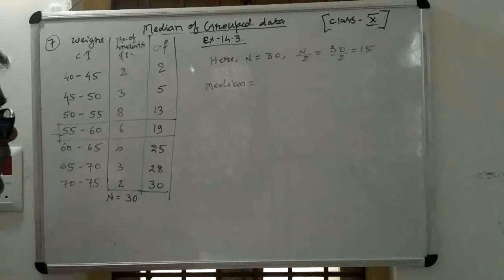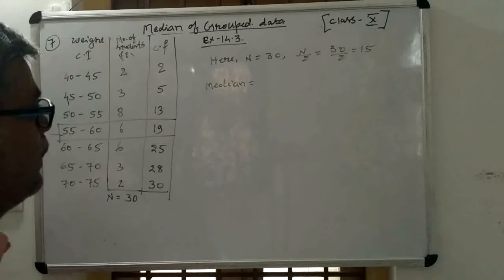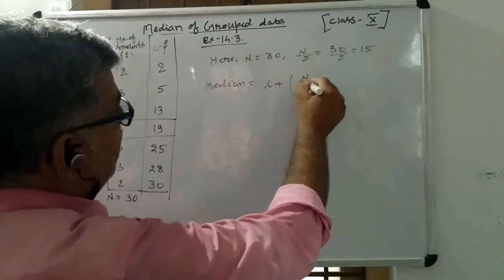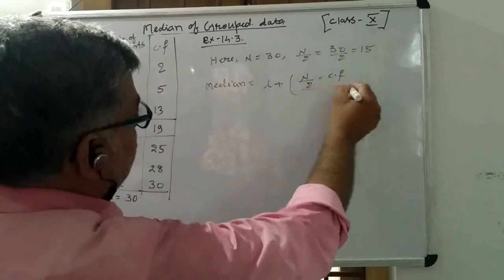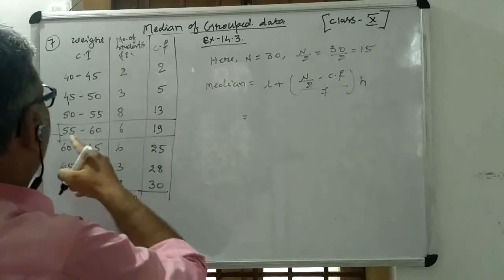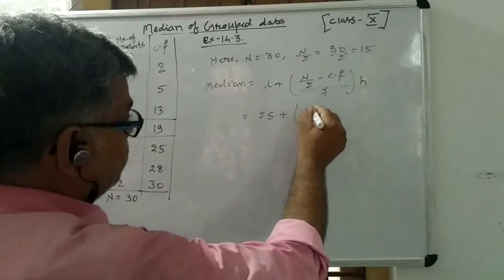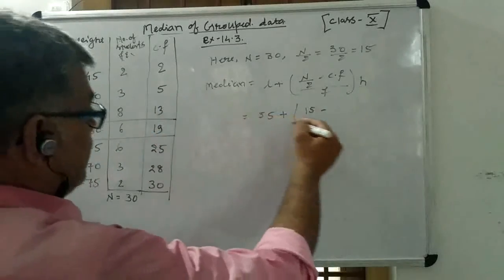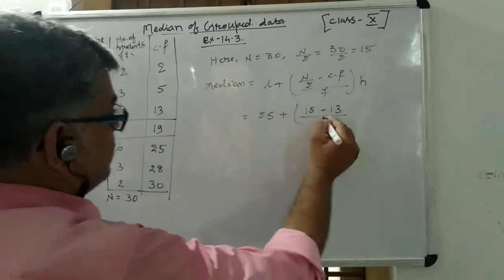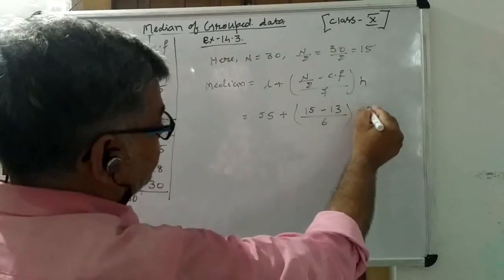The class corresponding to cumulative frequency 19. So apply the formula for median: L plus (n by 2 minus CF) by f into h. L equals 55, plus n by 2 is 15, minus CF of the class preceding, 13, by frequency 6, and class size is 5.